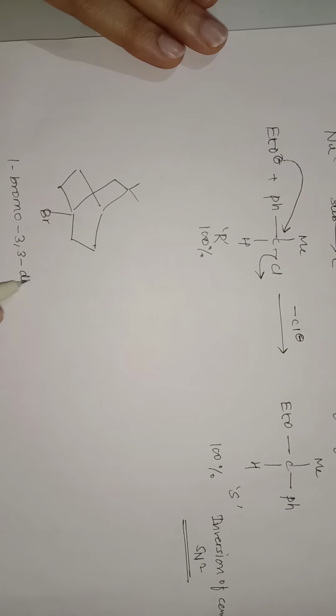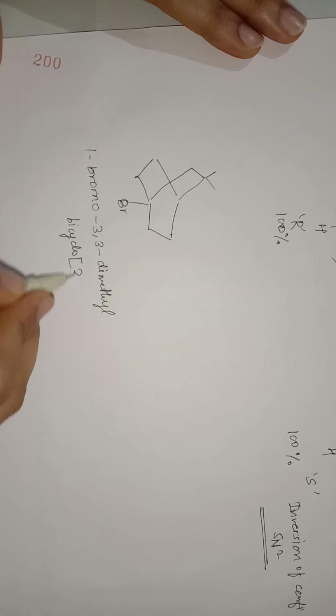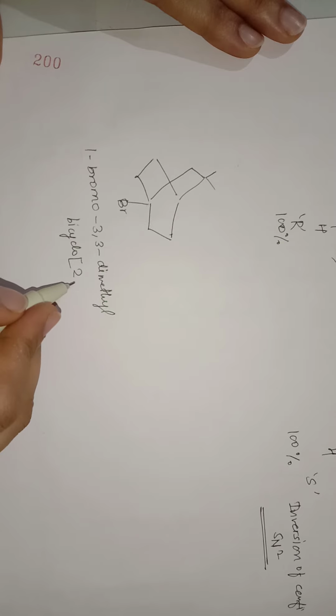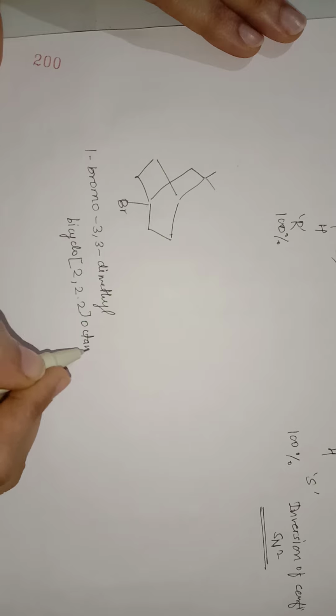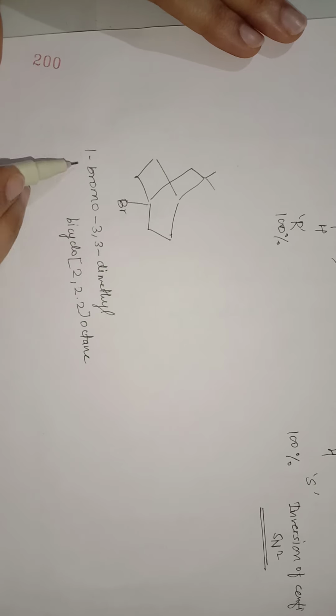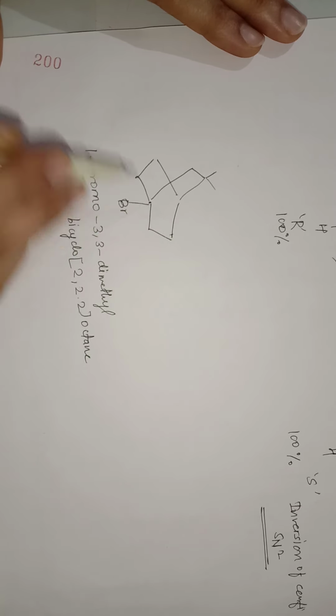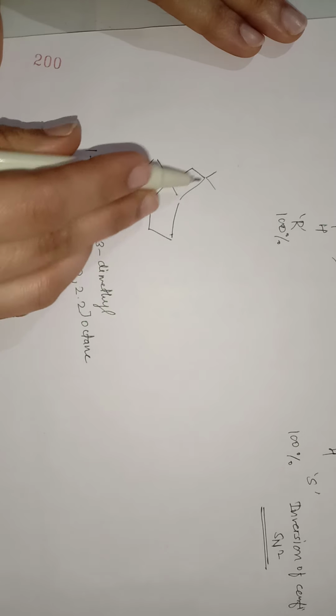In case of bicyclic compounds, you have to write the numbers in brackets, 2, 2, 2, and octane. How many carbon atoms? That is octane. It is 1-bromo. You have to start from the bridgehead carbon atom: 1, 2, 3, 4, 5, 6.